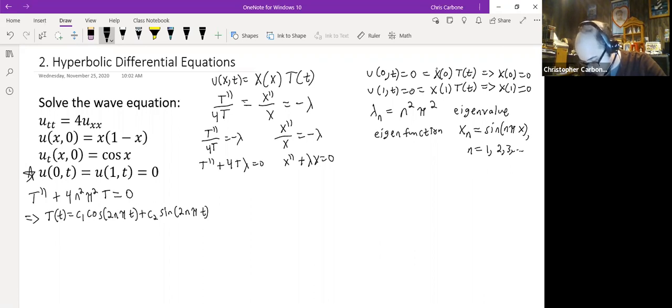So, because of that, we need to keep doing this for every single positive integer n that we calculate over here.